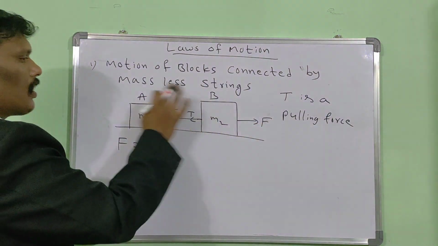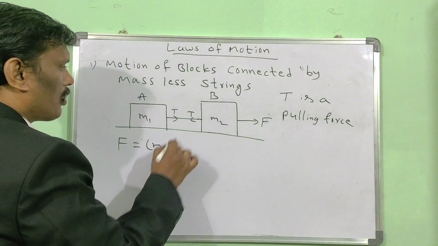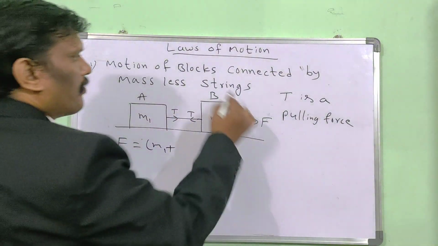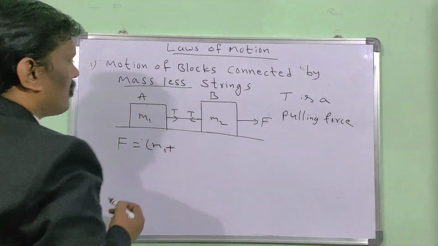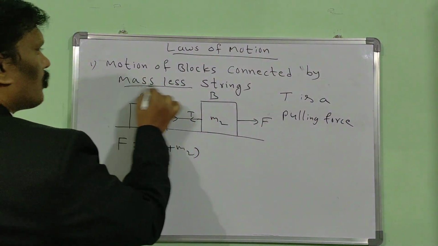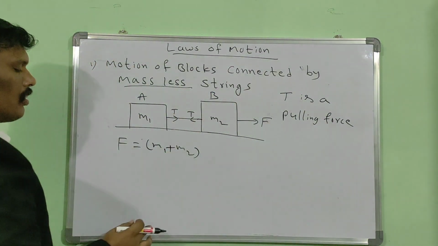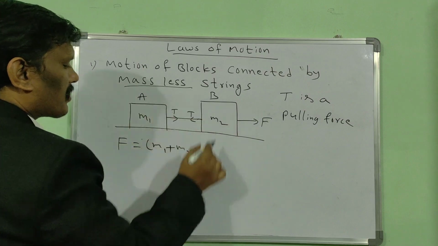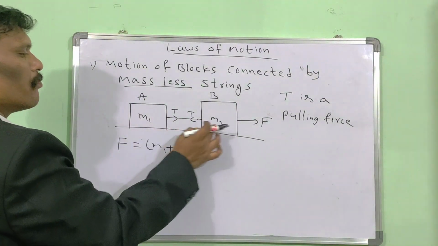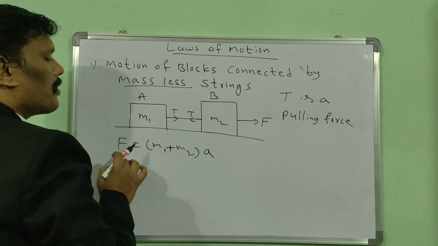F is equal to the total mass of the system times the acceleration. What is the total mass of the system? M1 plus M2, because the string has no mass; we consider a massless string, so its mass is negligible. So F equals (M1 plus M2) times the system acceleration A. Both blocks are connected by a string, so both move with the same acceleration.